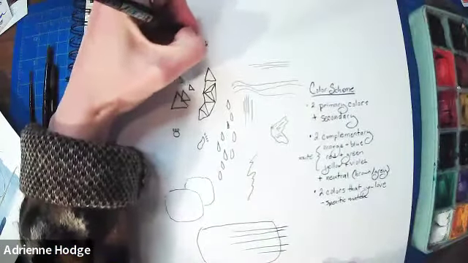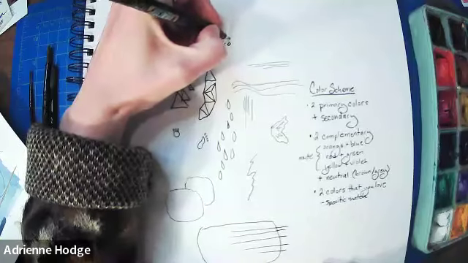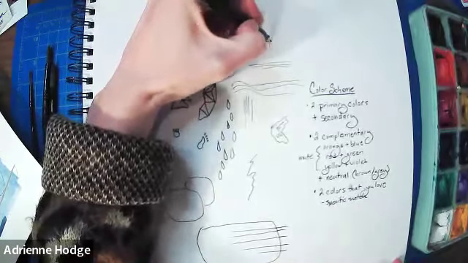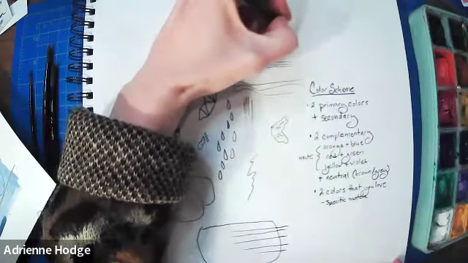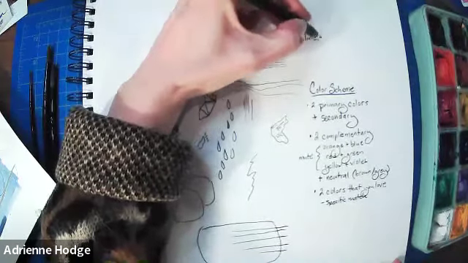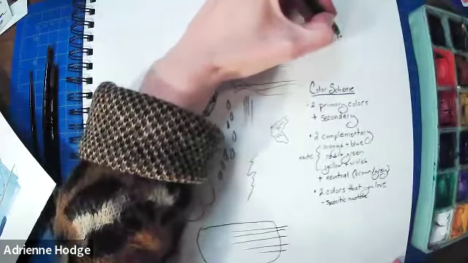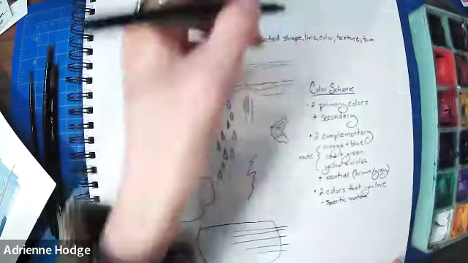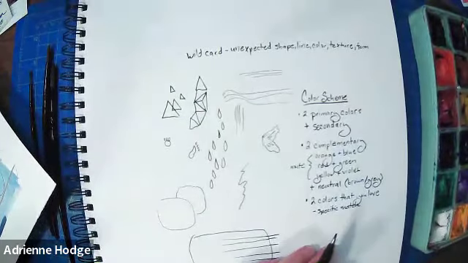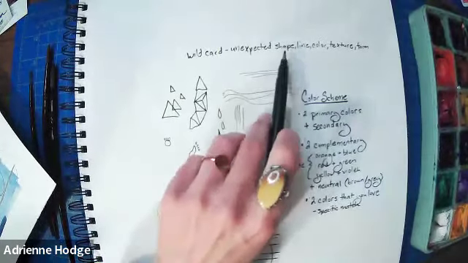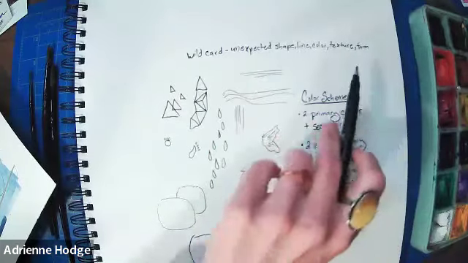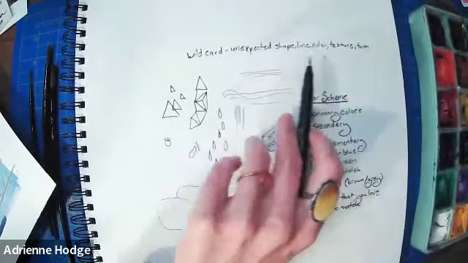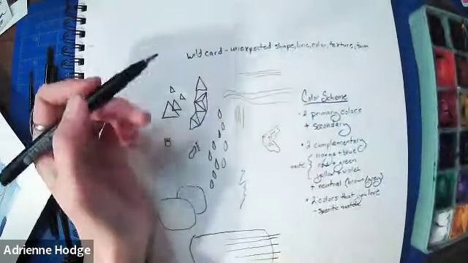Your wild card could be an unexpected shape, line, color, texture, form, basically just listing out a lot of the art elements here. The only one I'm missing is space. There are 7 of them. Anyway, something unexpected: shape, line, color, texture, form.